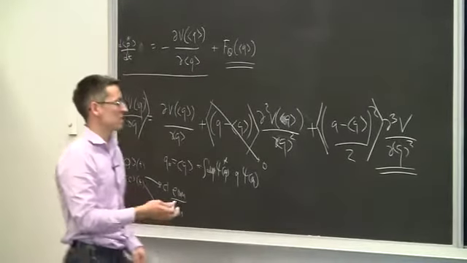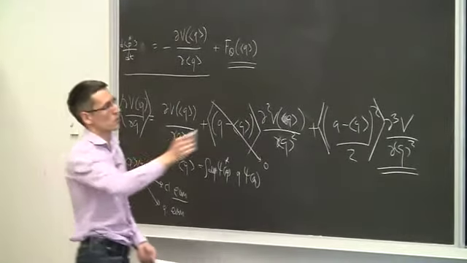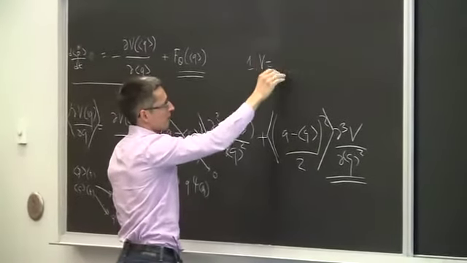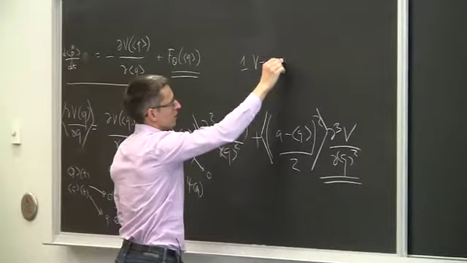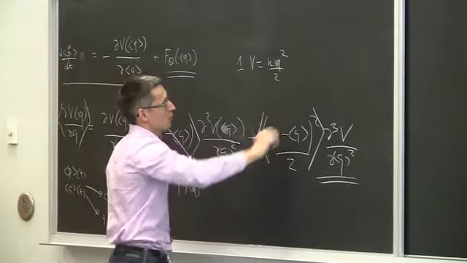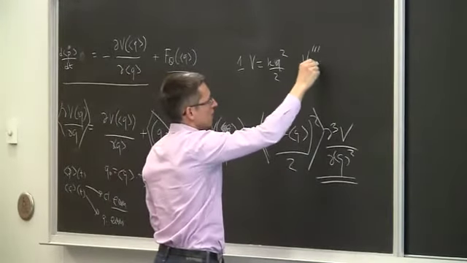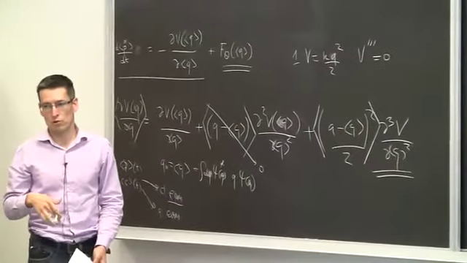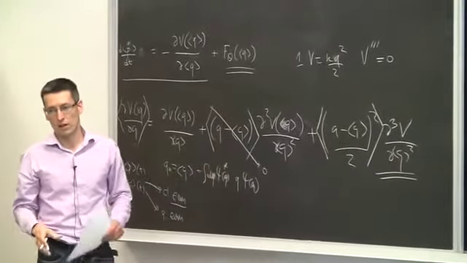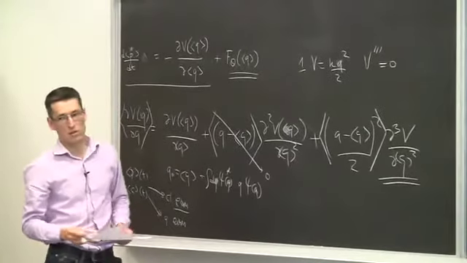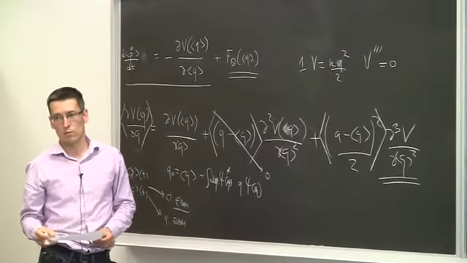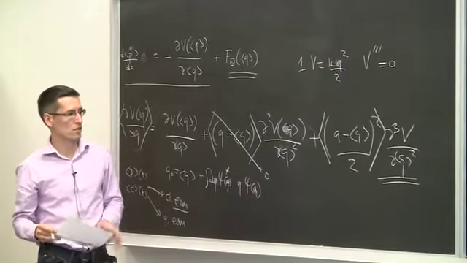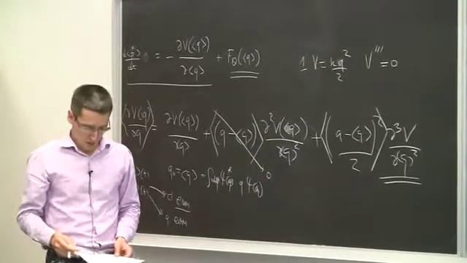So the first conclusion is that for a potential like the harmonic oscillator potential, kq squared divided by 2, where the third derivative is 0, classical and quantum equations of motion will be the same. That's why the harmonic oscillator is a somewhat simple problem to consider, especially if you're interested in quantum effects.